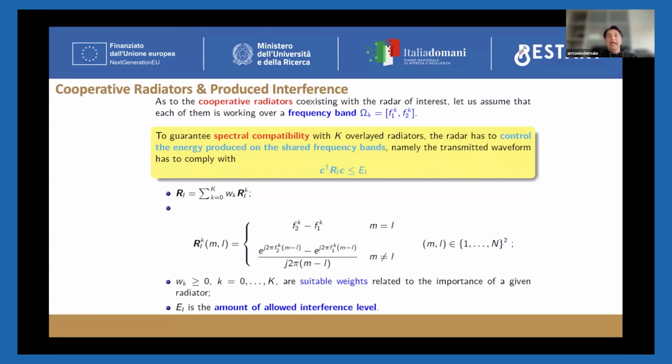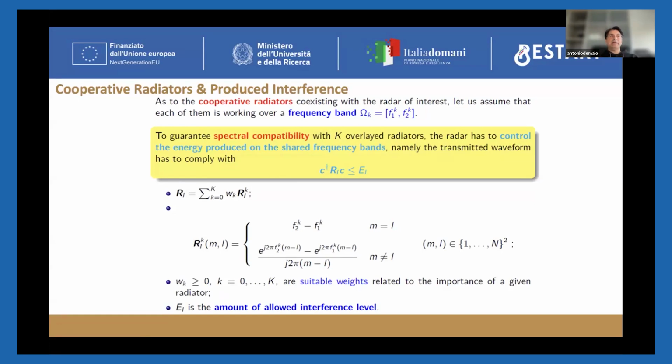This is tantamount to forcing the radar probing signal to comply with the following quadratic requirement, the one which is shown here in the slide, where the matrix Ri depends on the spectral characteristics of the overlaid systems.